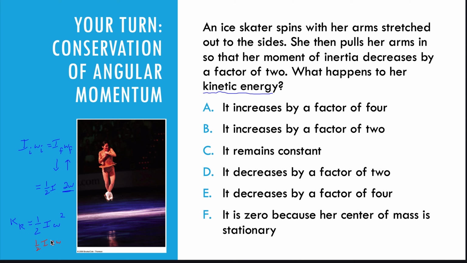It's going to quadruple because the 2 omega is now squared. So we're going to have 4 times 1/2 I omega squared. We're going to have 4 times the rotational kinetic energy when the moment of inertia is decreased by 2 and we use conservation of angular momentum.